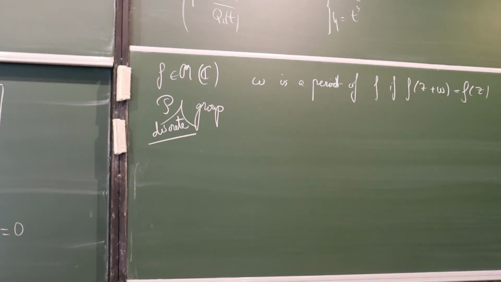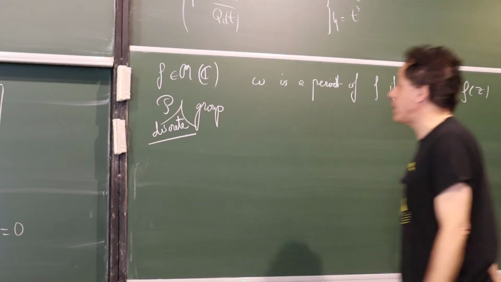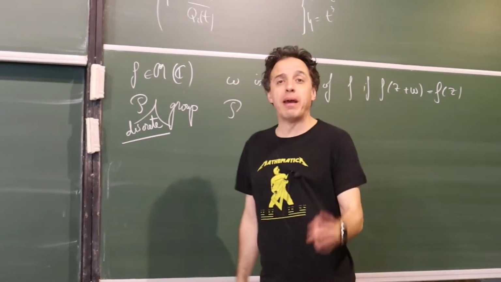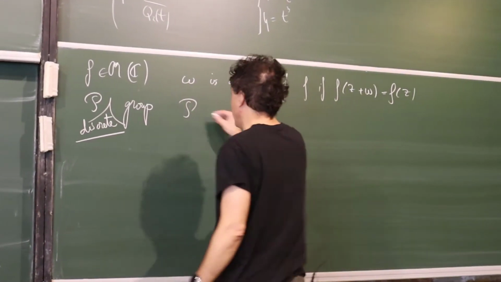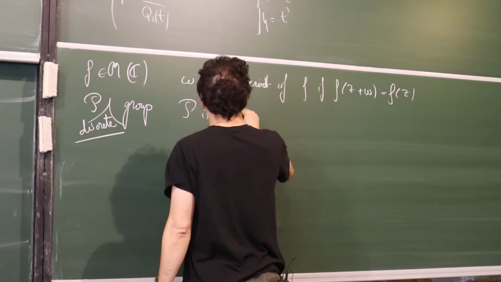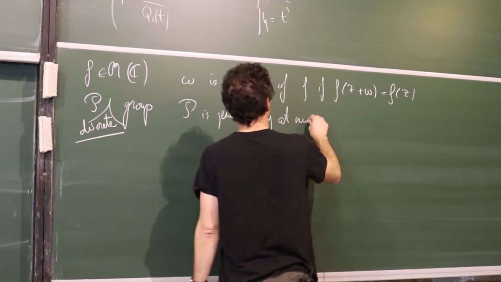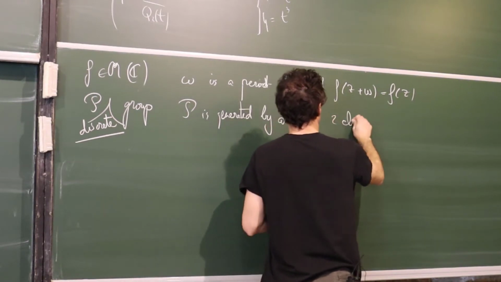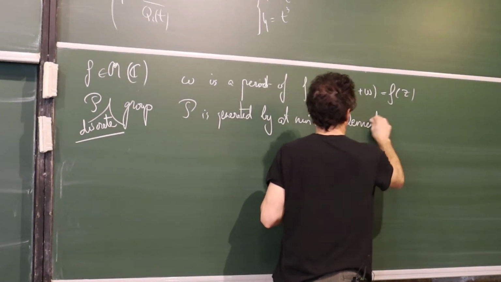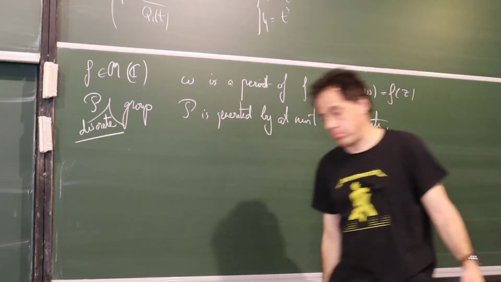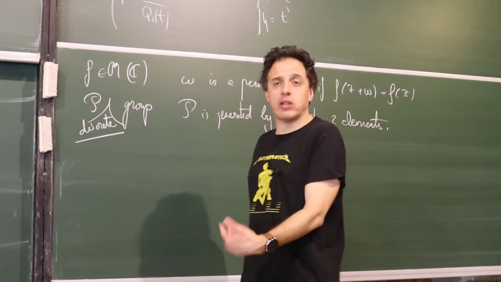How is this discrete group? We want to see that P is generated by at most two elements. Assume, of course, that it is not empty.